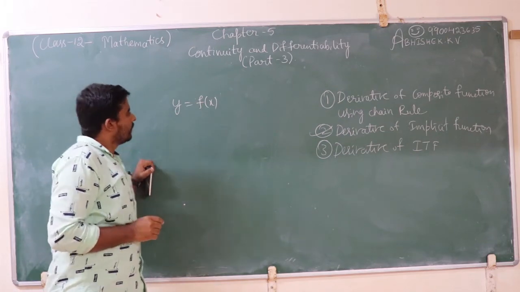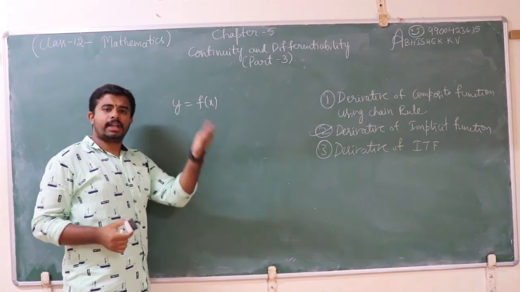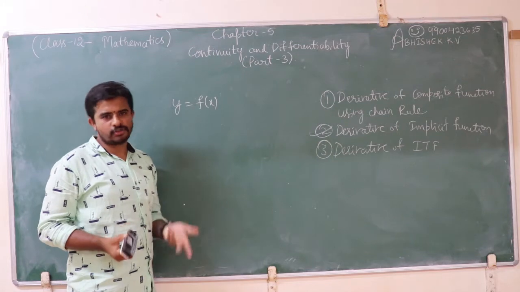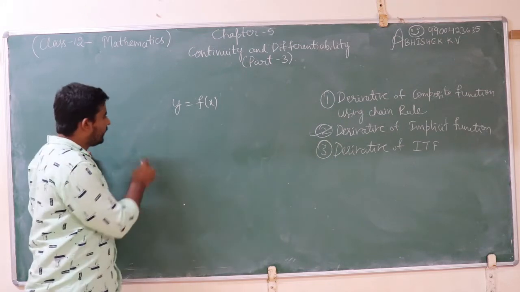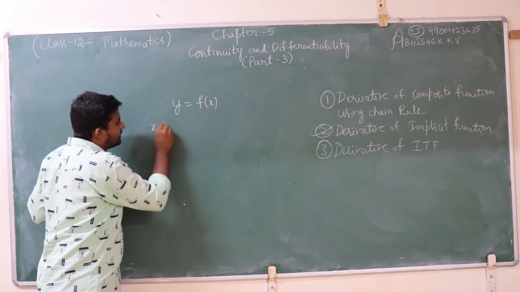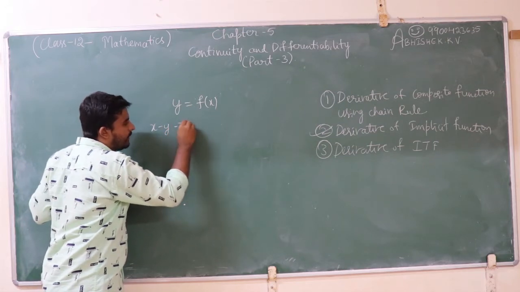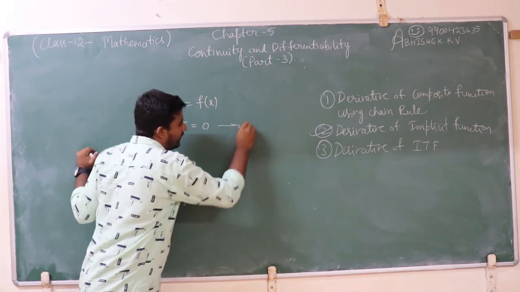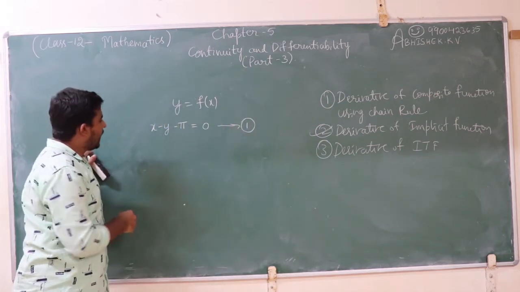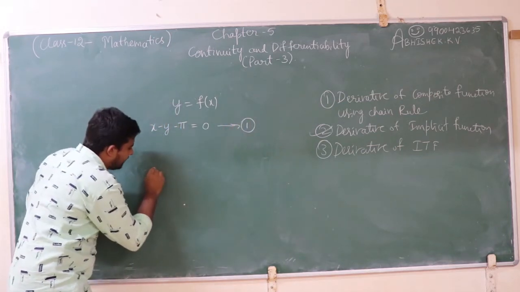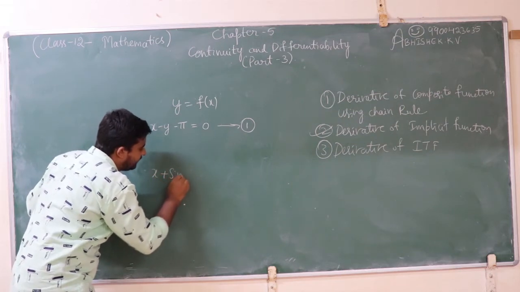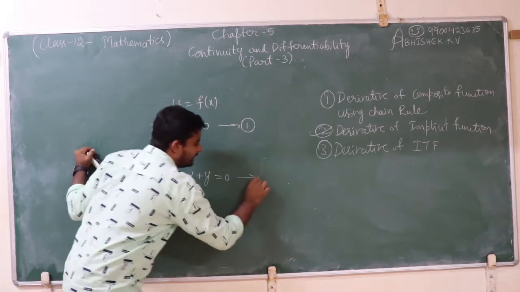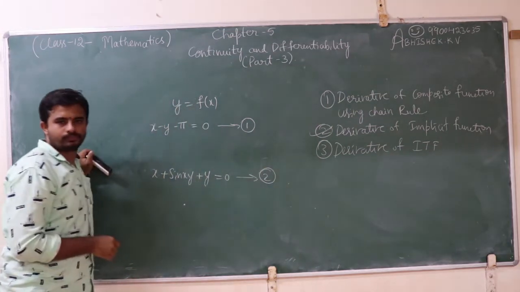It is not necessary that all the given functions are of the form y is equal to f of x. For example, consider the function x minus y minus pi is equal to 0. Call this equation 1. Now consider another function, x plus sin xy plus y is equal to 0, and call this equation 2.